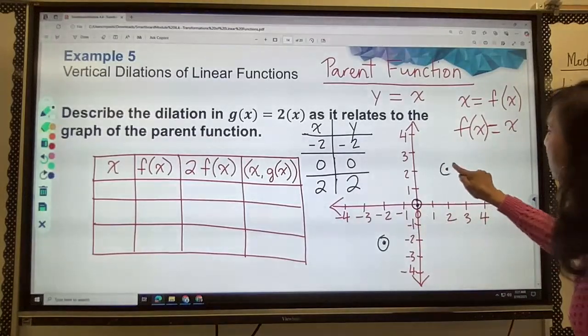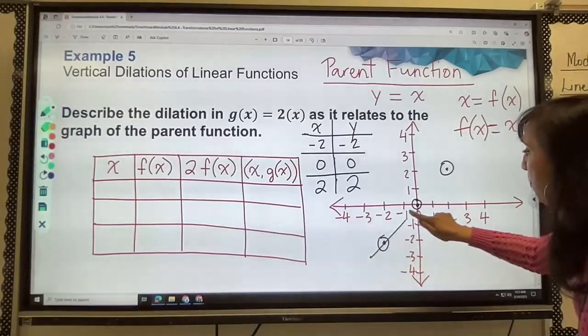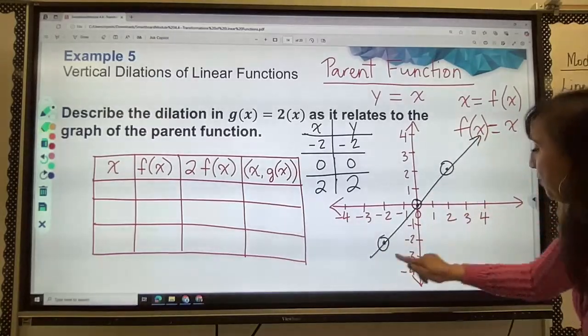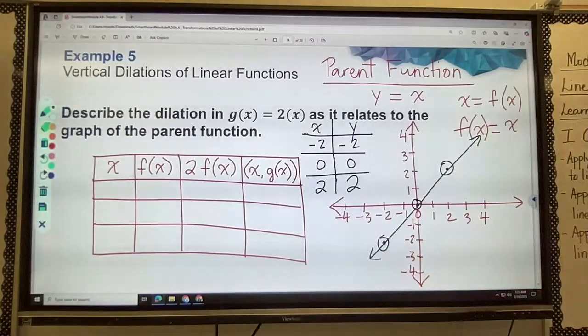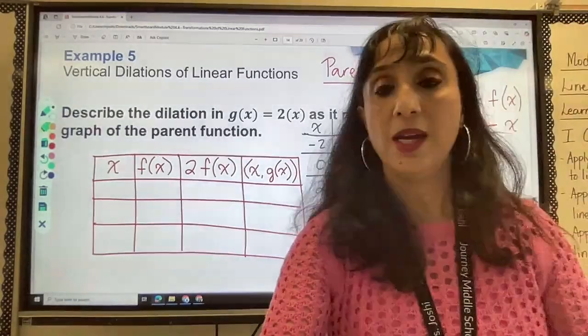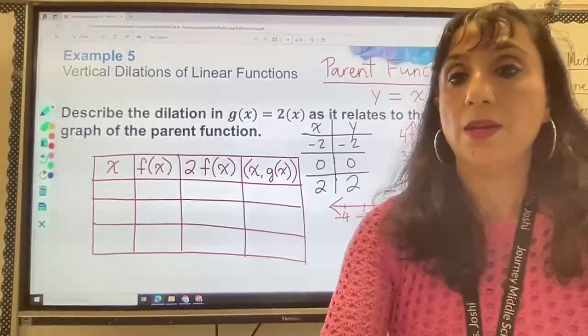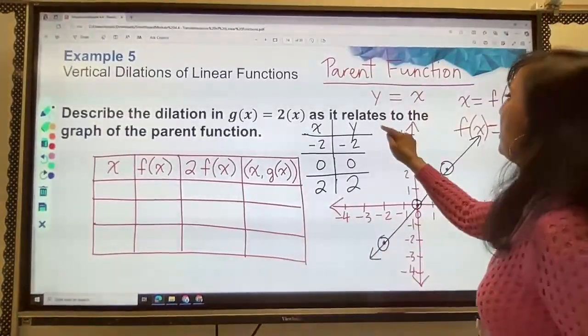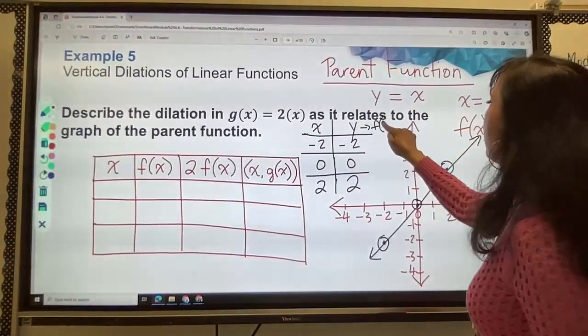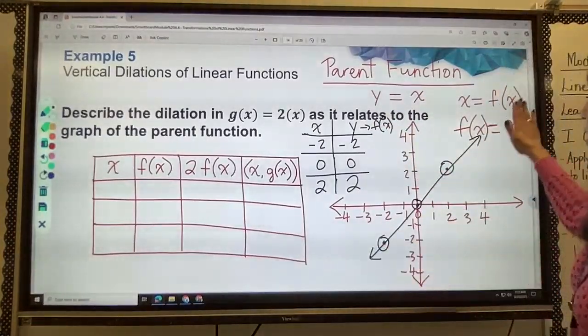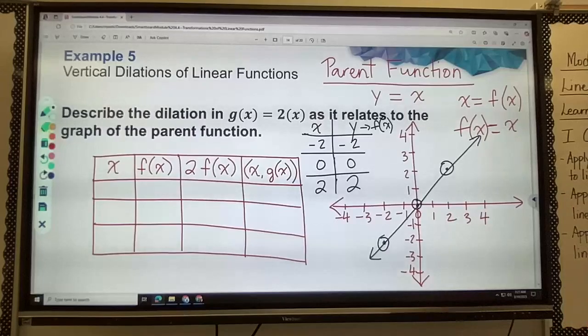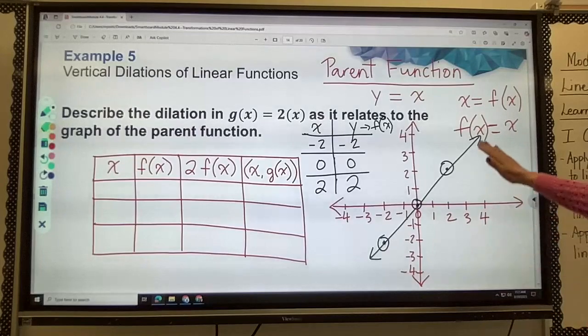So this is my graph of the parent function. And so once again, what is y? y is nothing but f of x, right? So here is my graph of the parent function, which is f of x is equal to x.